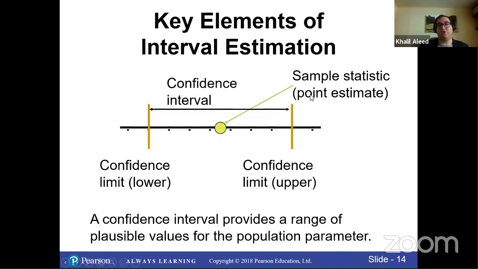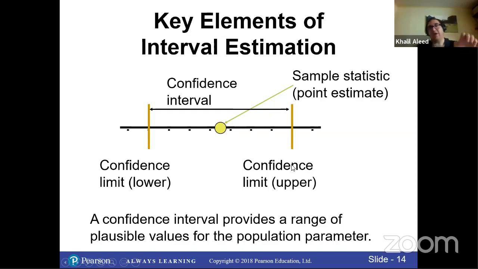If we are trying to do a point estimate, we are specifying that the population parameter is equal to this point. But if we're trying to build a confidence interval, we will say that the population parameter lies between the lower limit and the upper limit. So this is the difference between the point estimate and the confidence interval.